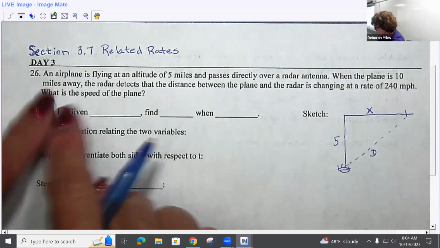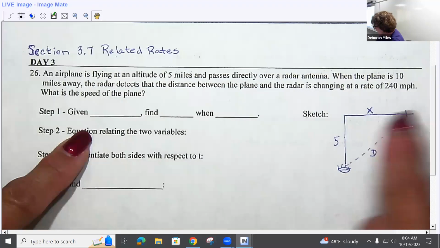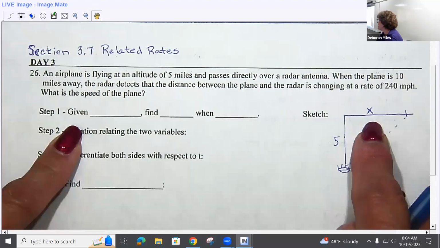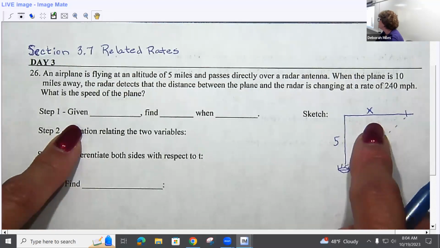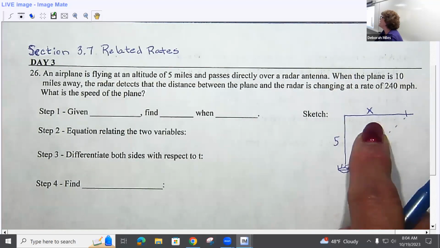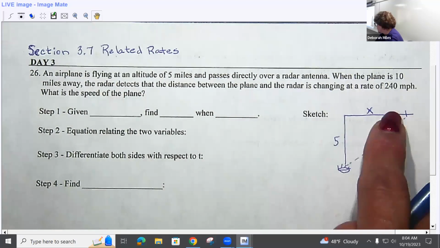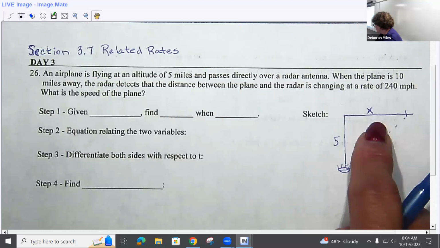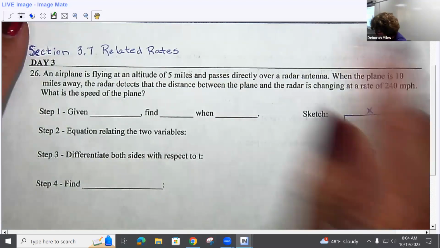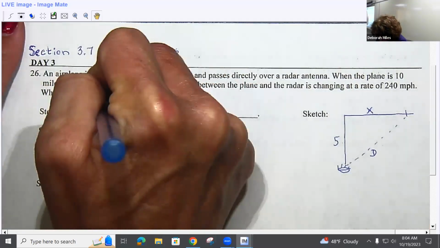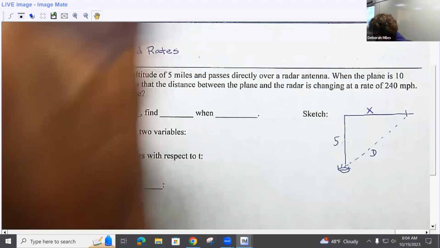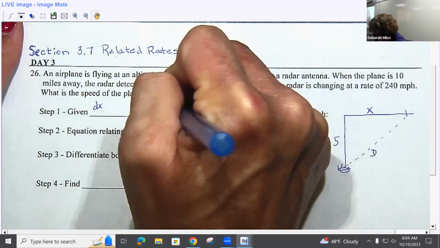And then we're asked, what's the speed of the plane? That's how fast x is changing with respect to time. So what related rate symbol will we use for the change in that distance with respect to time? dx over dt. Good. Actually, that's what we're looking for. dx over dt.